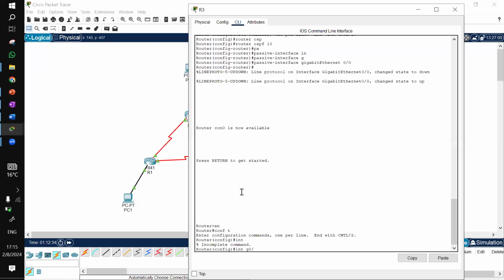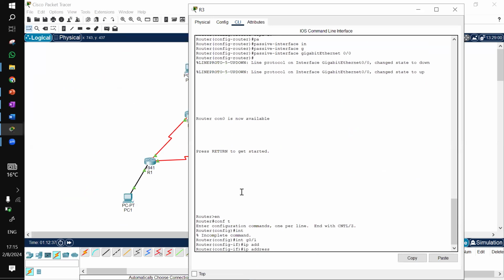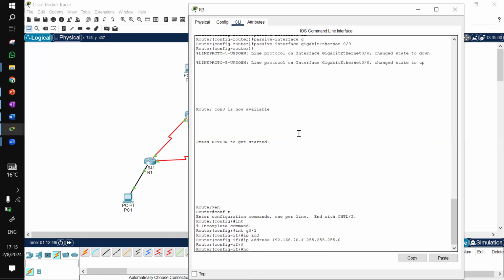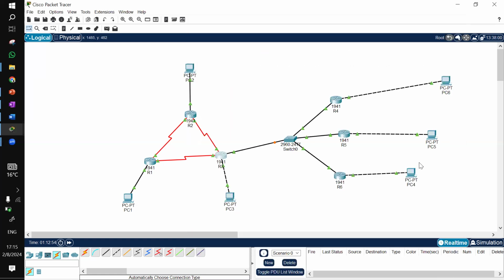Interface gigabit Ethernet 0/1, IP address 192.168.70.4, 255.255.255.0, no shut. Right, the network is up.